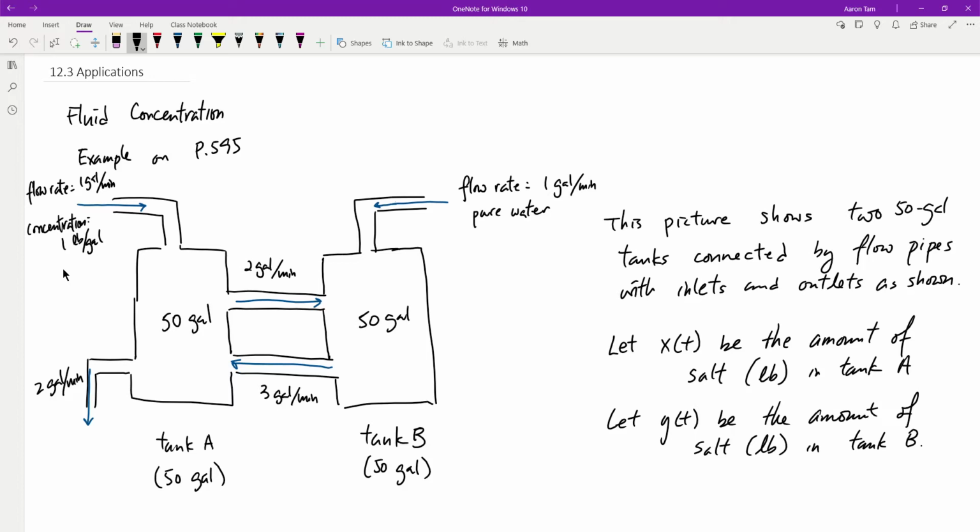That can be defined using what we call differential equations. And once we have the differential equation, which means we can describe how the amount of salt inside each tank is changing, we can then try to find the function that gives us the amount of salt inside the tank at any given moment, which is what we're trying to find. Okay? So how do we do that?